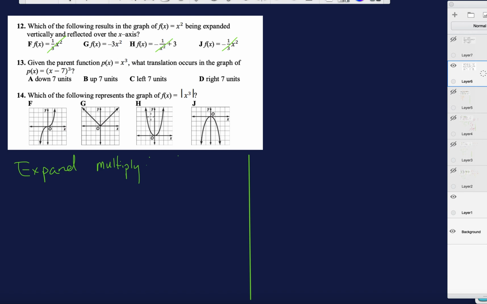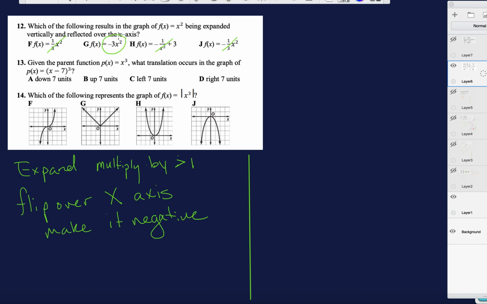And then flipped over, multiply by something greater than 1. Okay? Multiply by greater than 1, and then to flip over the x-axis, make it negative. And what do we have? This is negative and multiplied by 3.